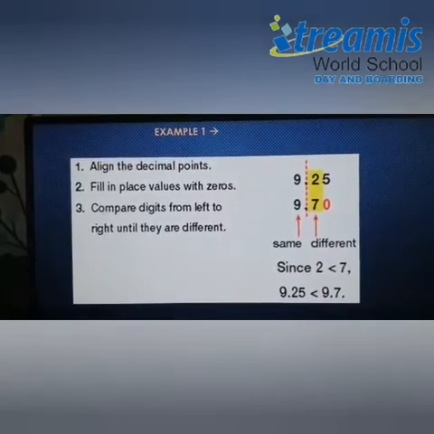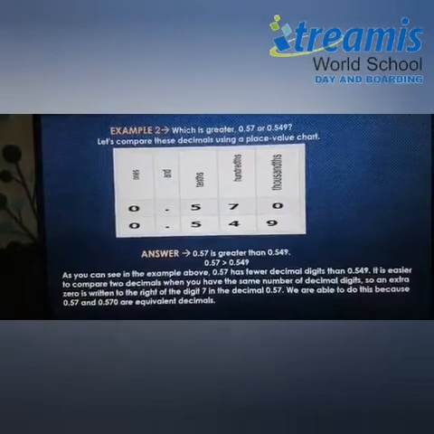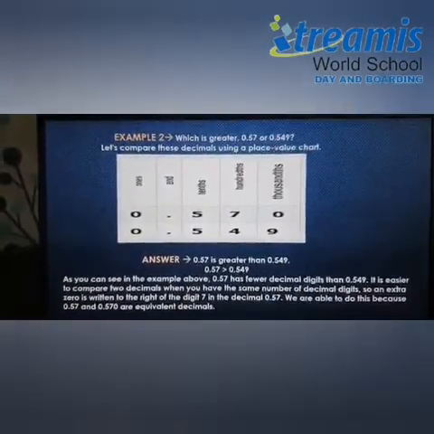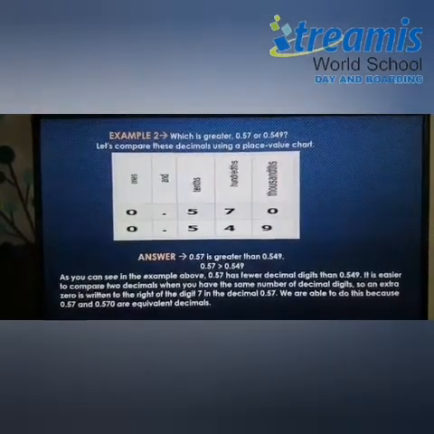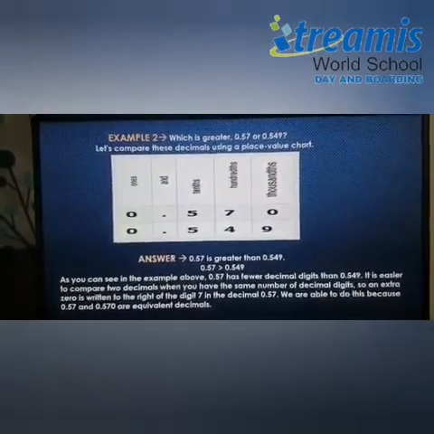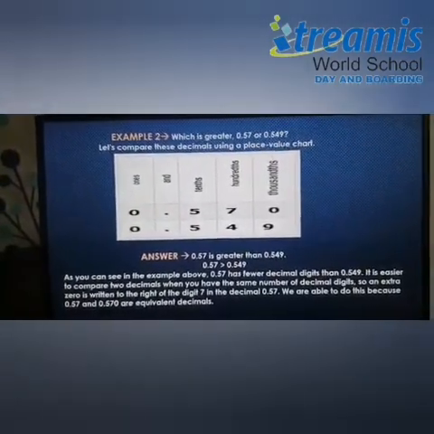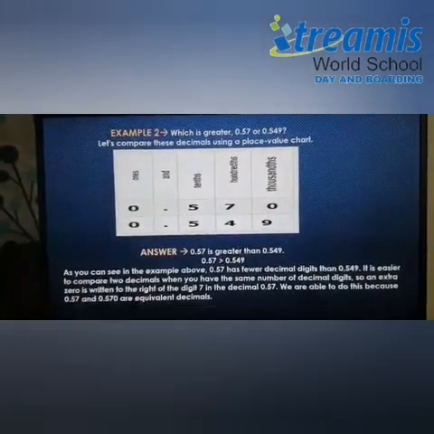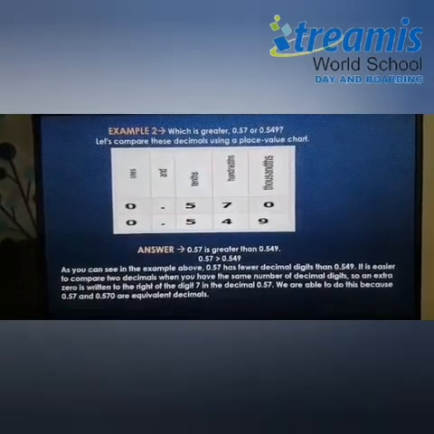Now, second example. Here, children, as you can see, we need to find out which is greater, 0.57 or 0.549. So let's compare these decimals using a place value chart. As you can see in the above example, 0.57 has fewer decimal digits than 0.549.